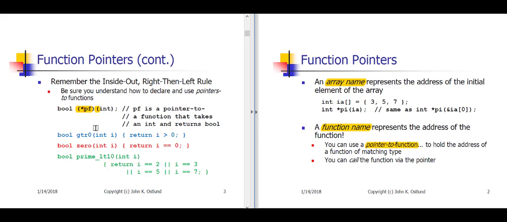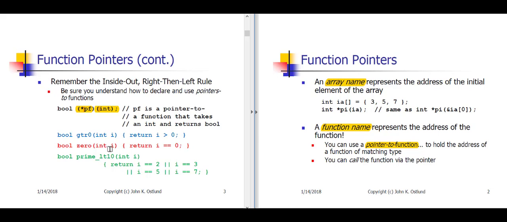Now, you're probably accustomed to thinking of the open parenthesis as simply part of the syntax for a function definition and a function call. But in fact, the parentheses are an operator. They're called the function call operator. And so the opening parenthesis here tells us that PF is a pointer to a function. And then continuing to the right, this is a function that takes an int as its argument.